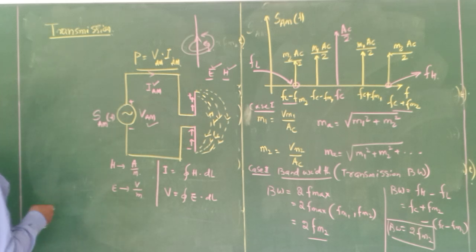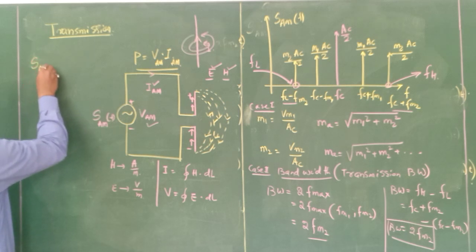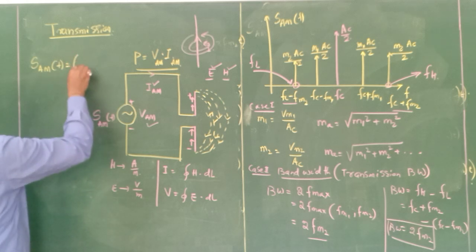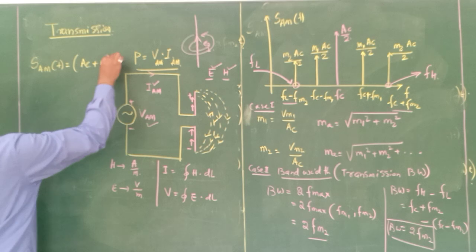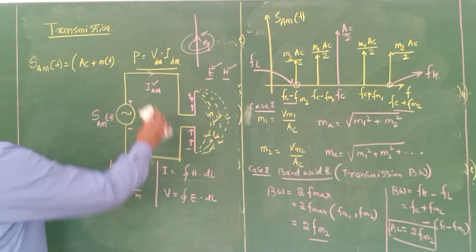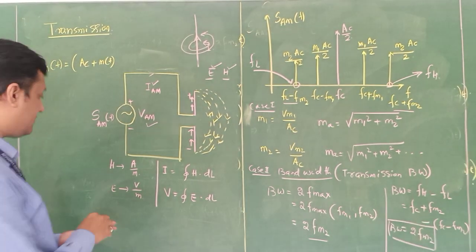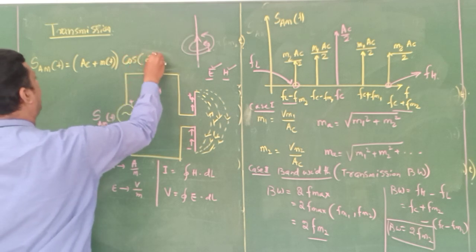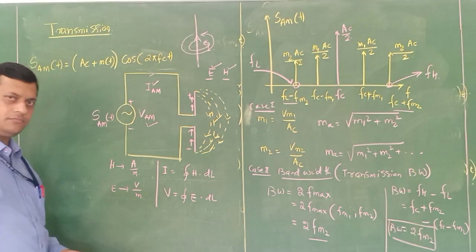So if I write the AM signal, S suffix AM, I can write it as Ac plus m of t, into cos 2 pi fc t. Done? Okay.